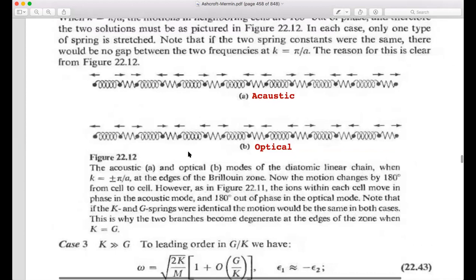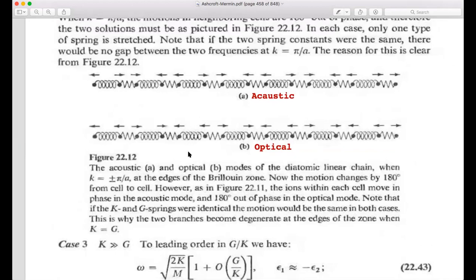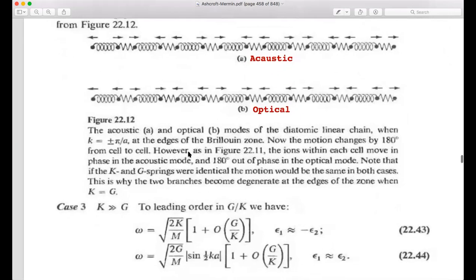This one would also go that way, and so on. So that's the short wavelength or zone boundary optical mode. So these are the extreme cases. In between, the motion of the atoms would look more complex, but there will be a certain periodicity depending on what k value one has.